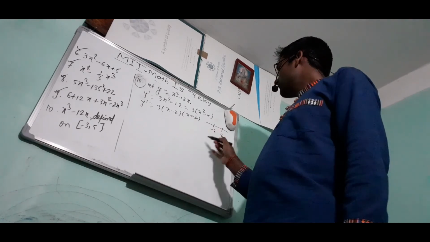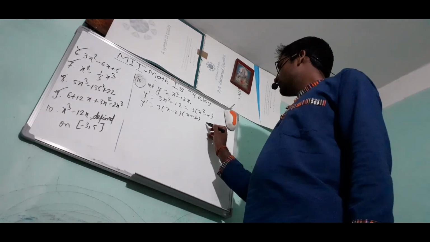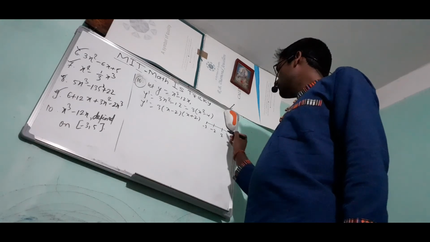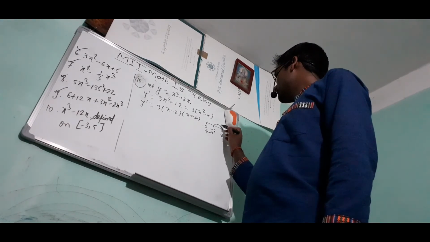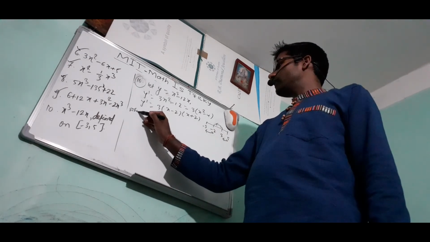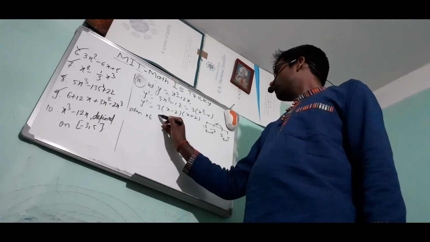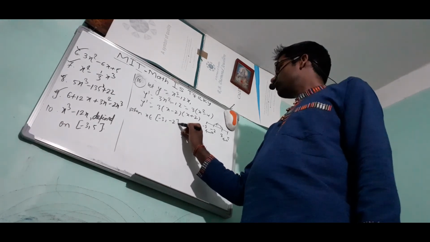And see here for this interval, our given interval is here, the function is defined for this only, so we'll be taking first this, then this is the second interval, third one is this. So we can write x belongs to minus 3 to minus 2.